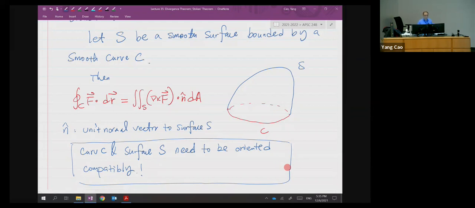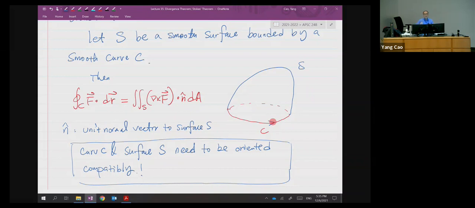Let me explain what this means. Let's explain this first, and then go back to the formula and interpret it a little more. First of all, what does the orientation of a curve C mean? It means that when you look at the curve C from the top, it could be counterclockwise or it could be clockwise.